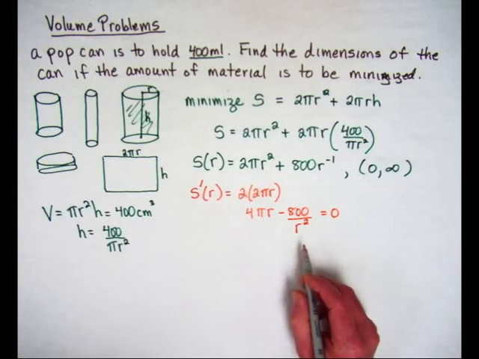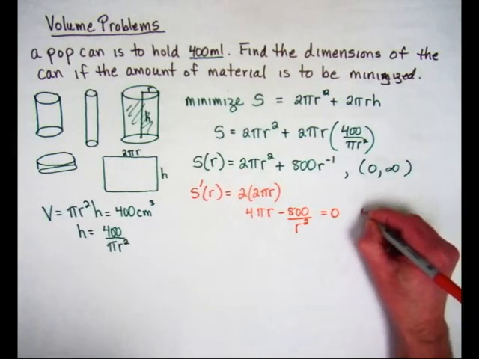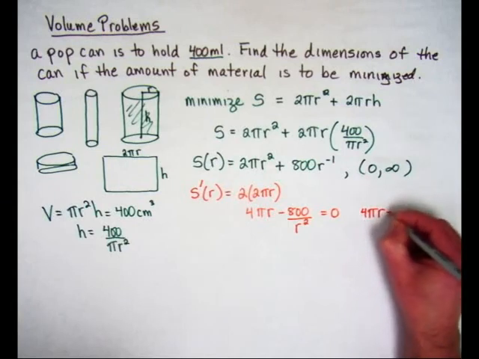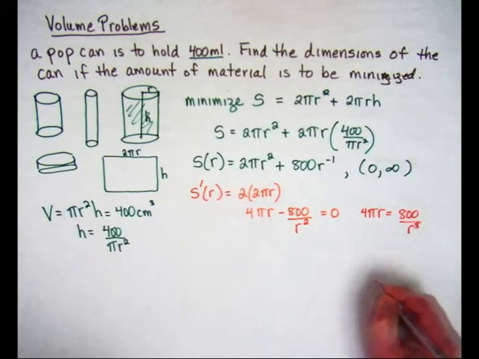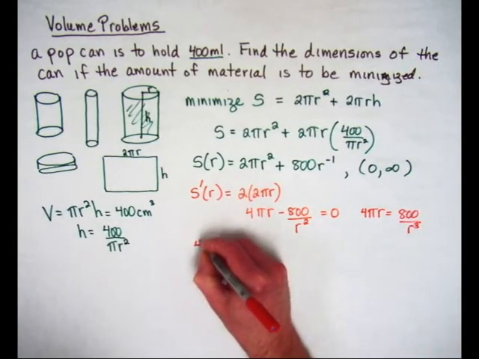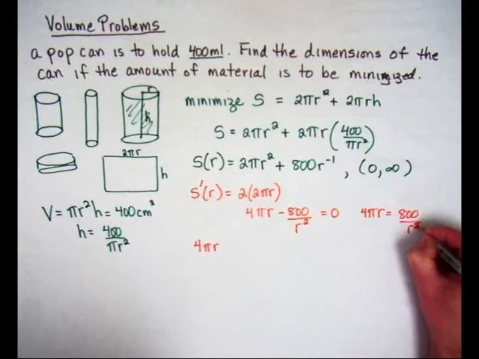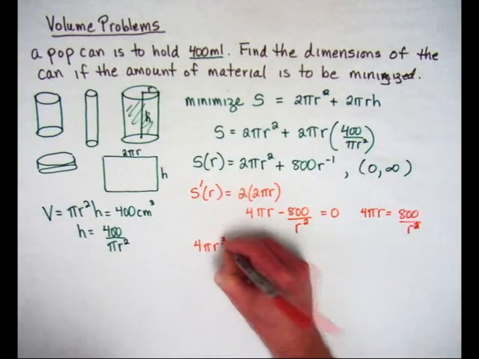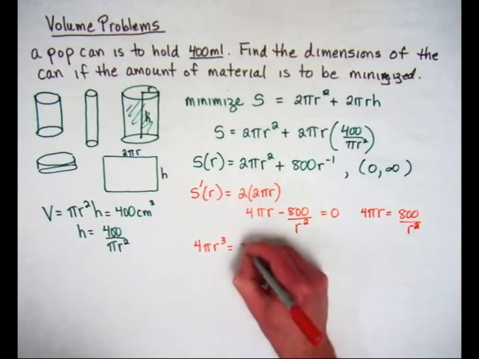Now, we solve this exactly the same way we solved the previous one. We're going to move this over and cross multiply. So we're going to get 4 pi r equals 800 over r squared. Cross multiplying, that's going to be 4 pi r cubed equals 800.